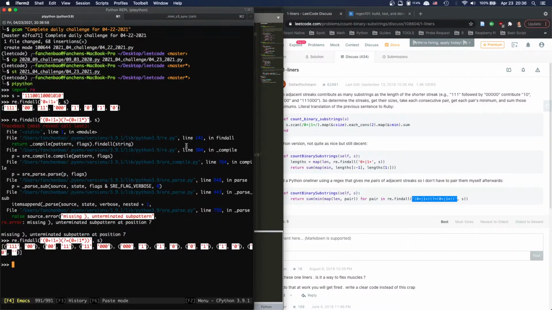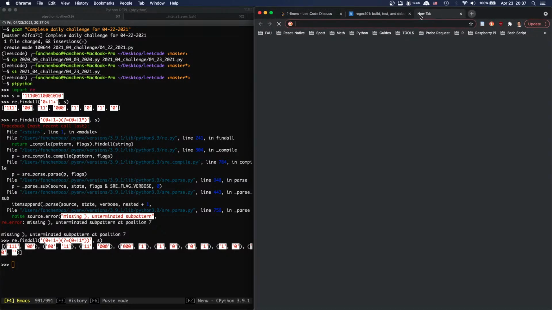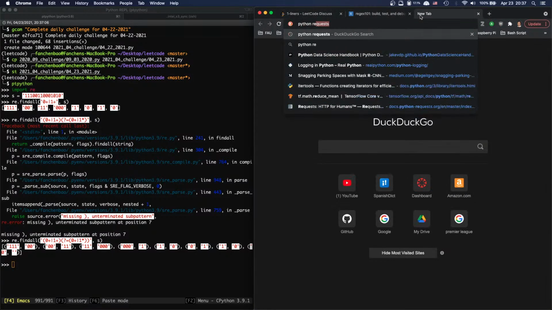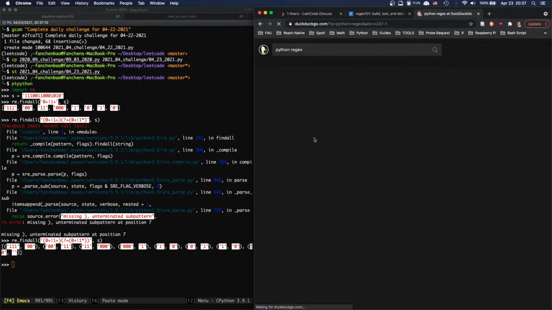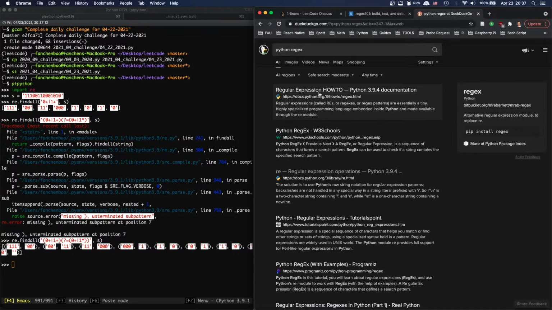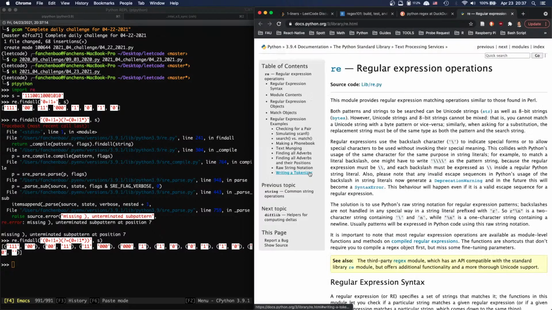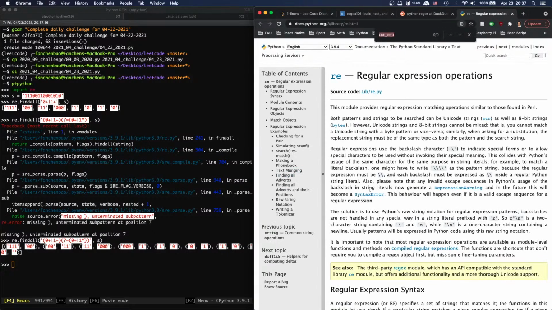Holy moly, it can do it for you. It has something to do with Python regex. I have visited the regex docs many times.